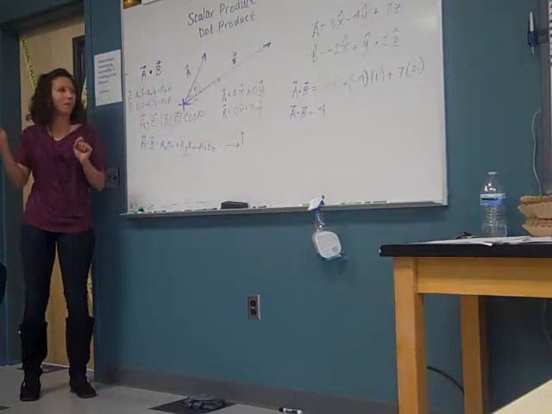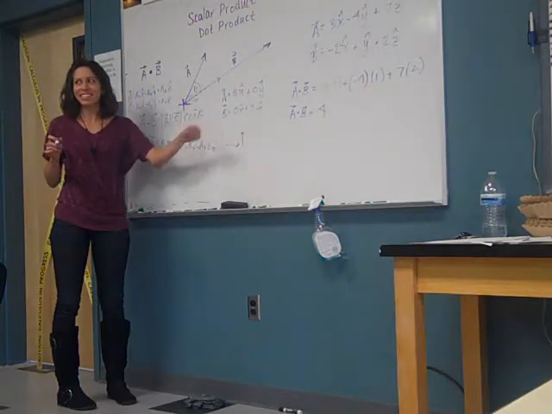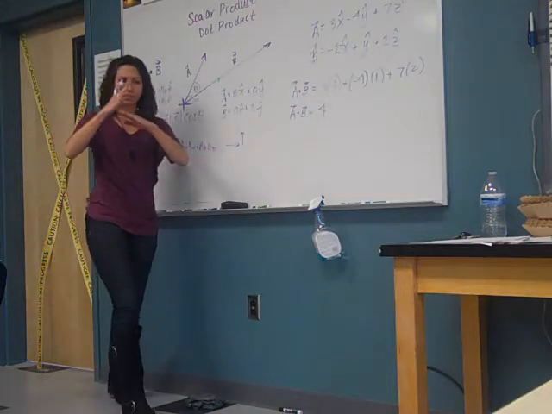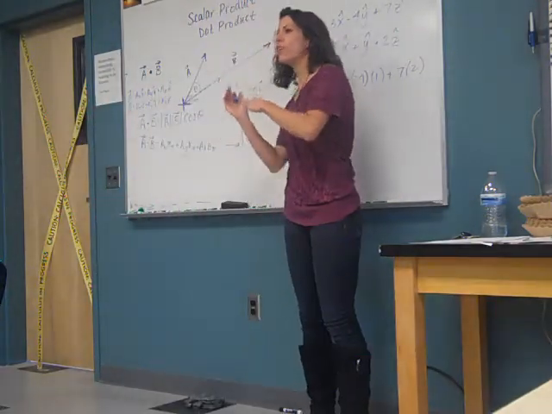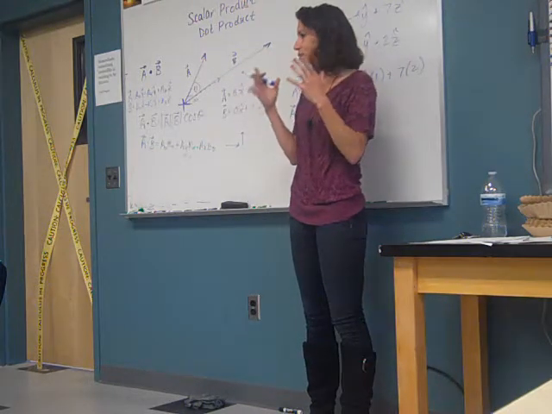And the other way to think about it is that there is no component of vector A that is in the direction of vector B. If they're absolutely perpendicular to one another, then there is no component of one that's along the other one. That's the definition of perpendicular.